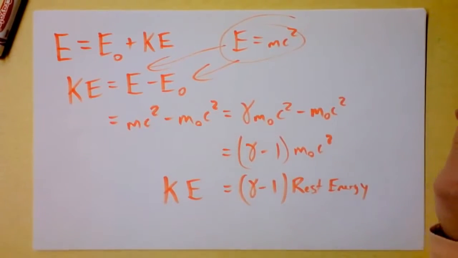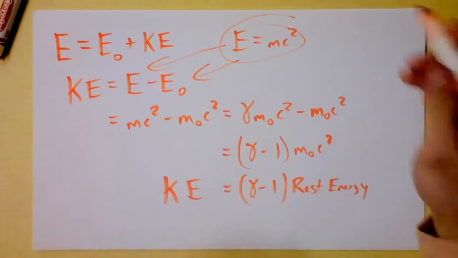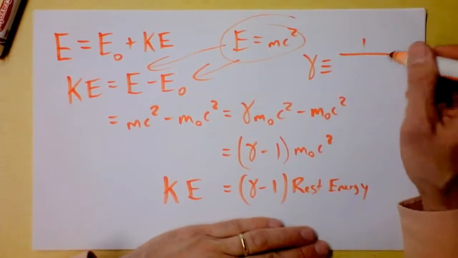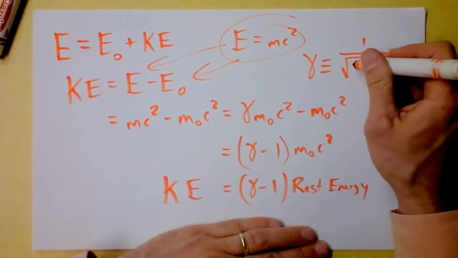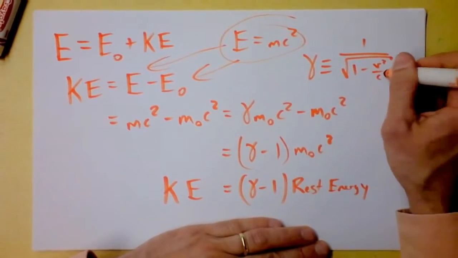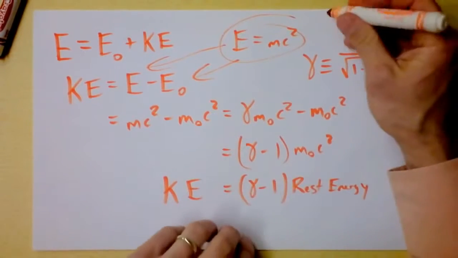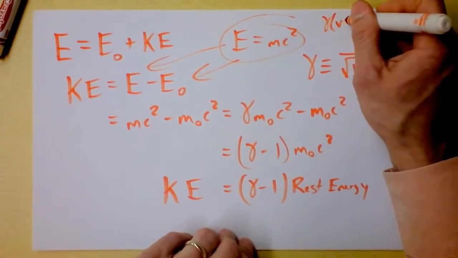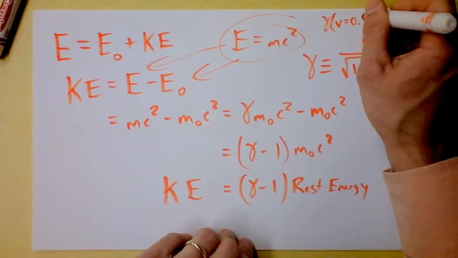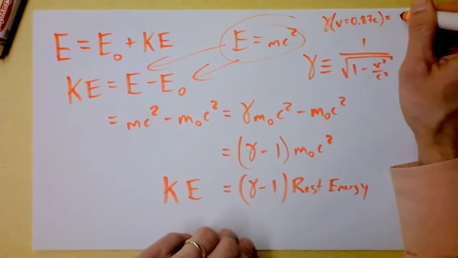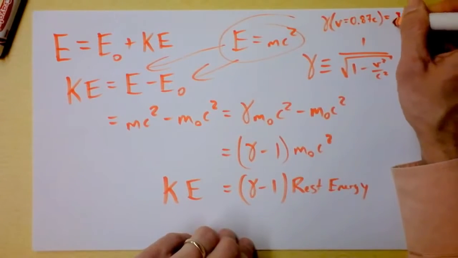Interesting. And remember our gamma. Gamma is so important to play around with. You need to know how this function works at various speeds. So please, practice, practice, practice. Lots of gammas. Get a feel for gamma. I like to say that gamma of v equals 0.87c is, well, it's 2, right?